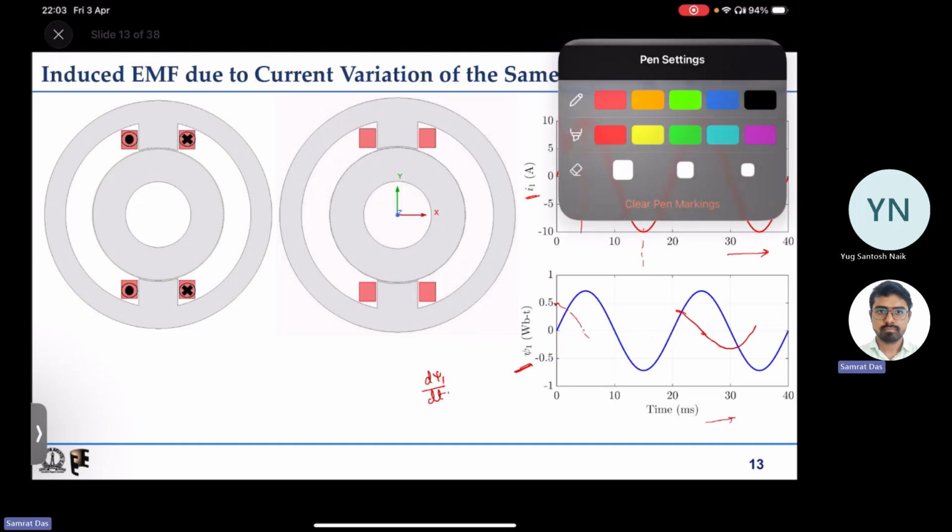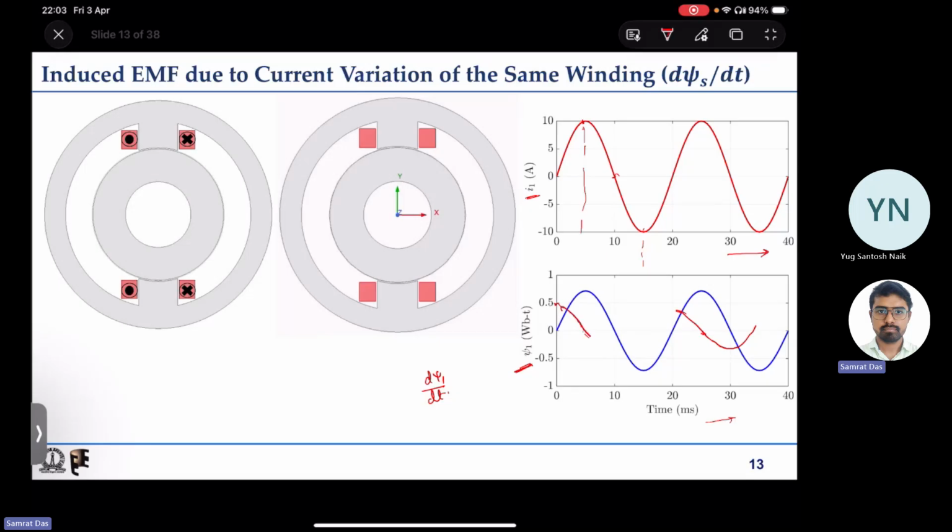There will be some induced EMF across the winding, because its own current is changing, and because of that there is some rate of change of self-flux linkage, mentioned here as d psi s dt, due to its own current. So if we want to represent this coil, we can simply represent it by one resistance and one inductance.